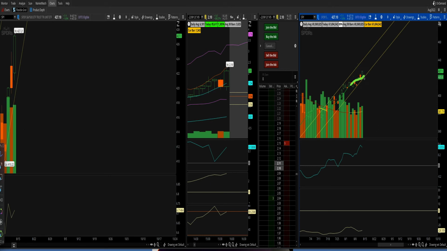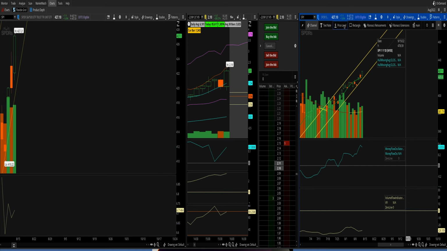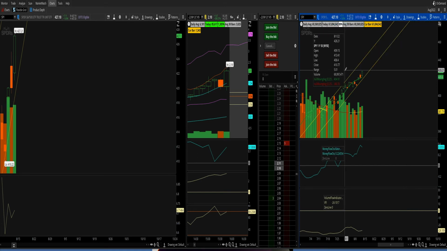So look at the 20 right here. Look at the 200. The 200 is starting to turn. Now the slope looks like it's flattening out. So if it flattens out, what we could possibly be doing is hitting resistance. This could be the next resistance point. So let me draw this out here for you, and let me use the price tool so that you see it.